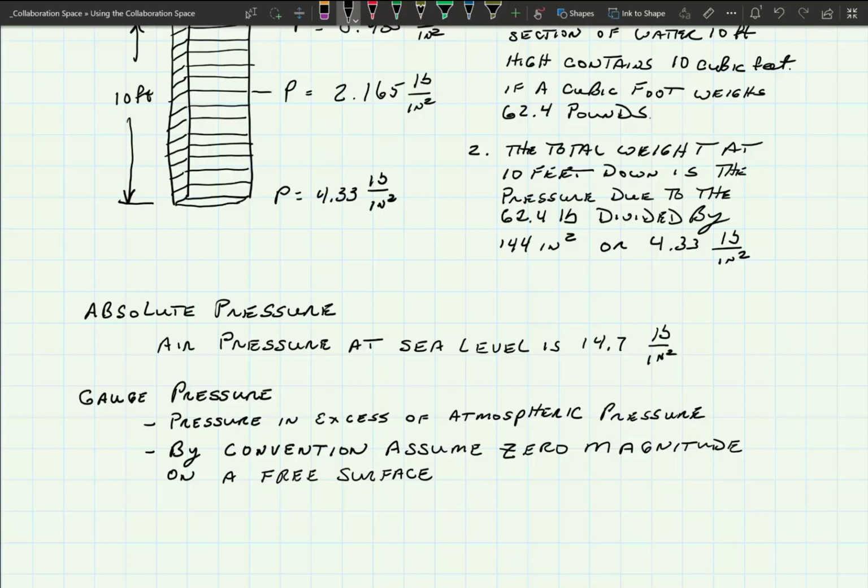Okay, so by convention, there's a new term I'm using here today, maybe not a new term you haven't seen someplace else, but what do I mean by convention?